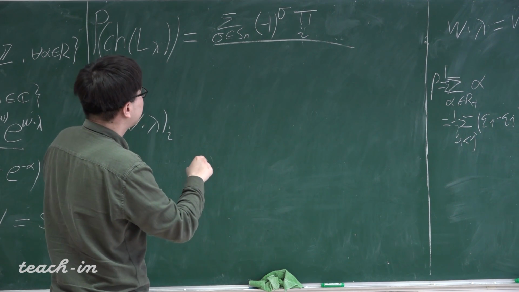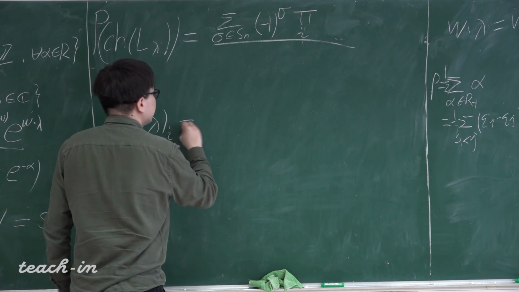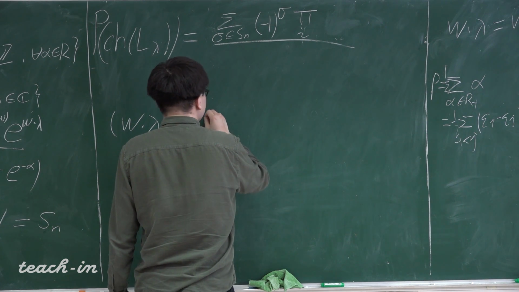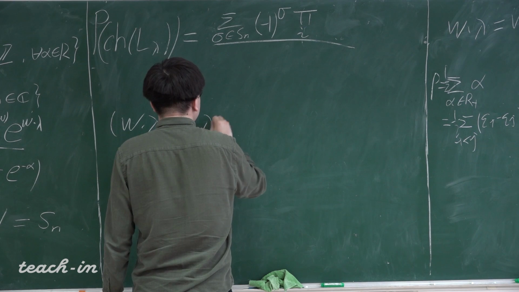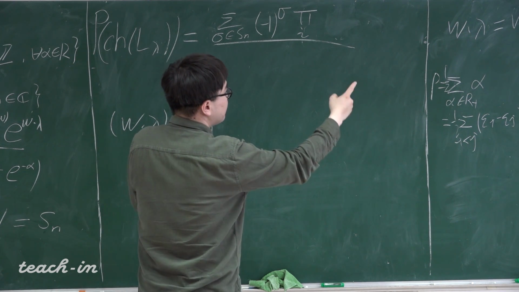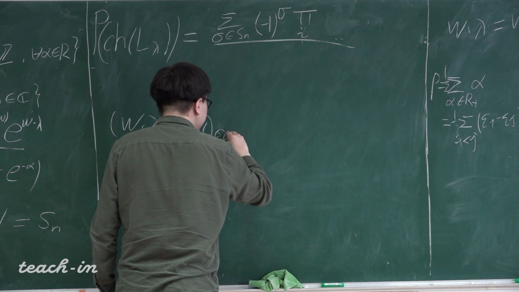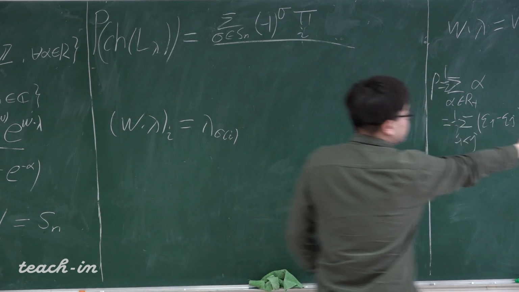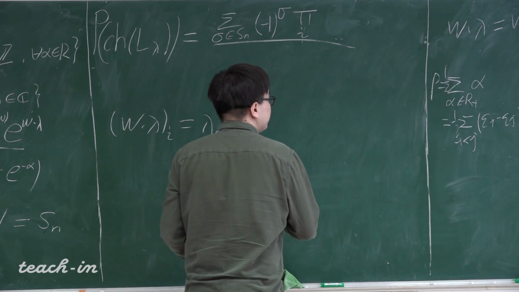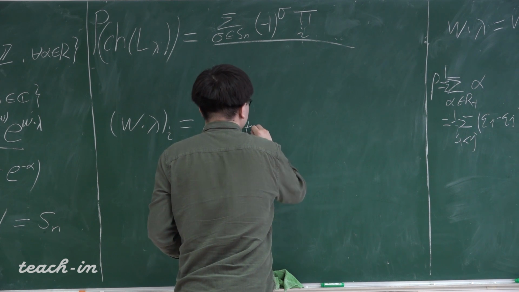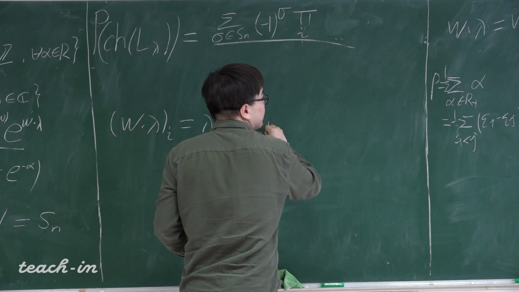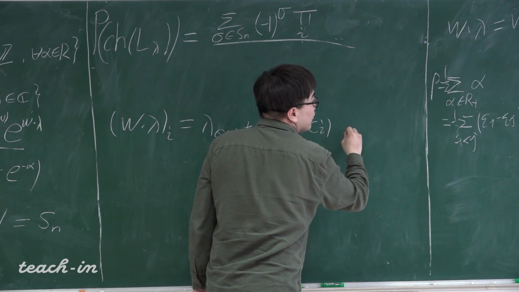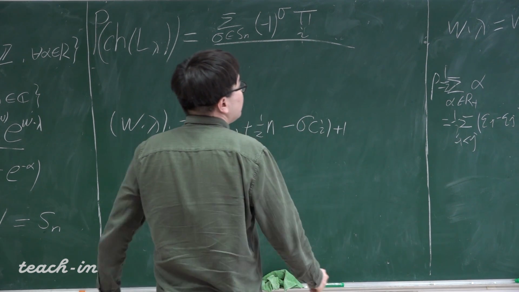In the i-th position it becomes this times this: lambda i, but it's not i because we act on that thing, so it becomes this, plus this thing, which is plus 1/2 of n minus sigma i plus 1, and plus 1/2.